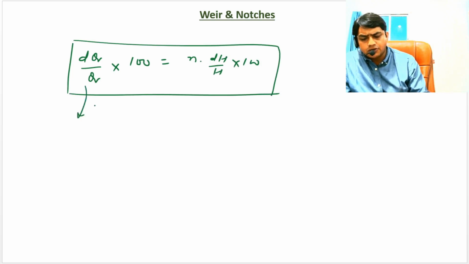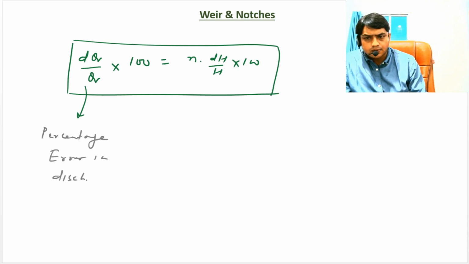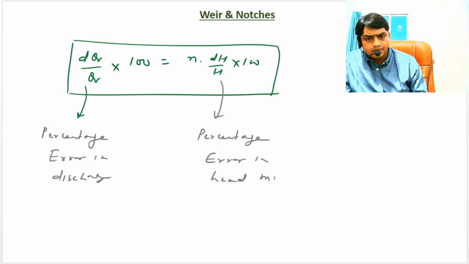So here dq by q is the percentage error in discharge, and dH by H is the percentage error in head measurement.